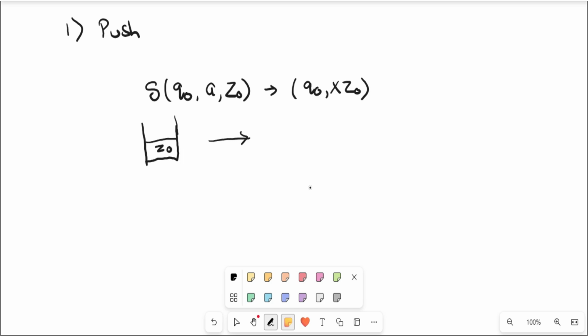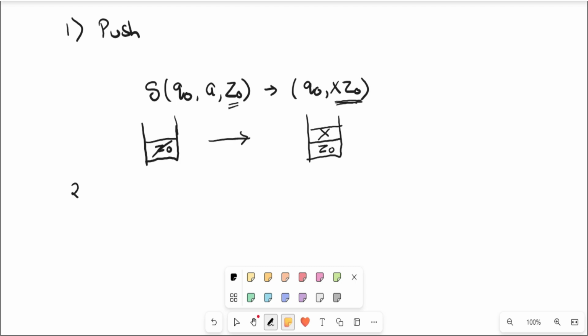First, the stack top is popped out, then whatever is written on the right hand side is inserted onto the stack in reverse order. So first z0 is inserted and after that we insert x. This is how we insert x onto the stack.